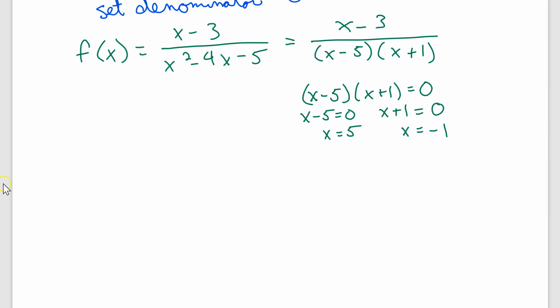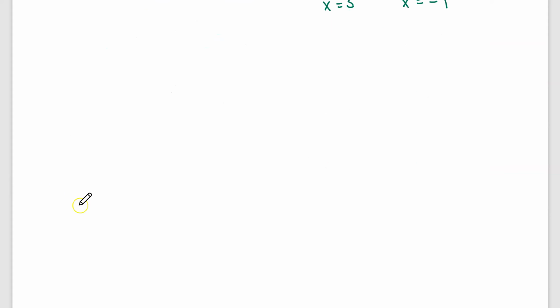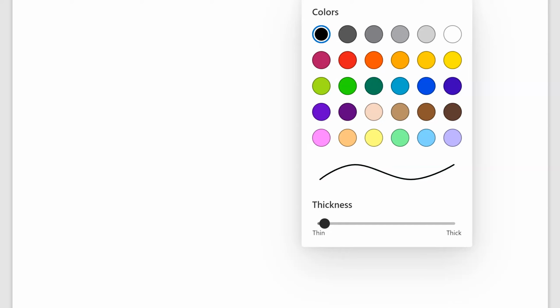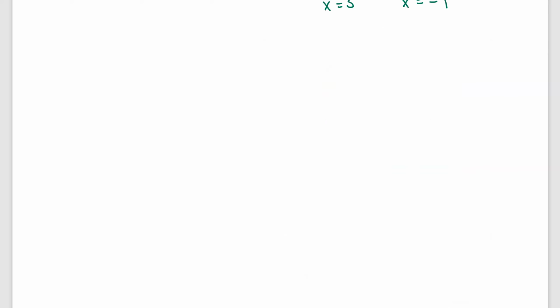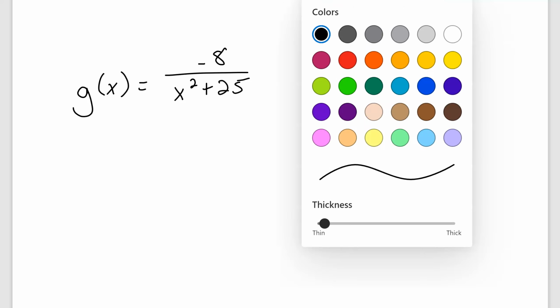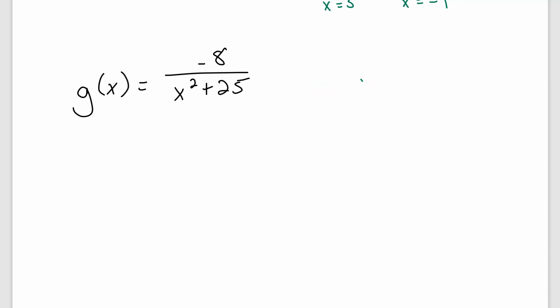Now we don't always have a vertical asymptote though. Let's look at the function g of x is equal to negative 8 divided by x squared plus 25. This particular one does not factor, but I can set that denominator equal to 0. x squared plus 25 is equal to 0.